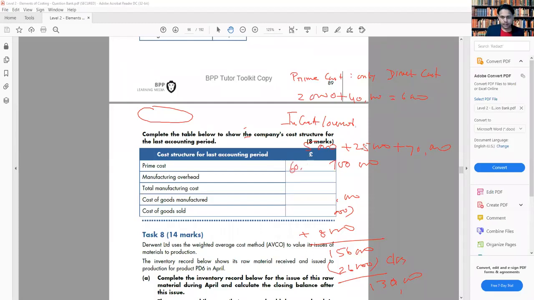That's the direct cost you have calculated. Indirect cost you have calculated, 100,000 here. Then total, basically 100 plus 60, is total manufacturing cost, 160,000. Then the cost of goods manufactured that we have calculated, 156, this one. And cost of goods sold, that is 130,000.